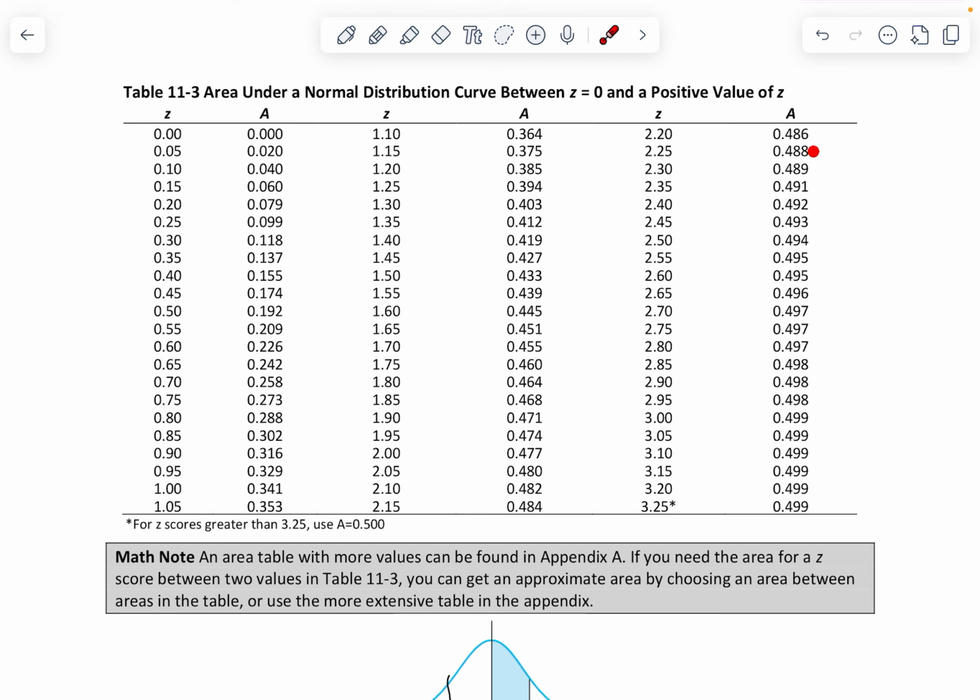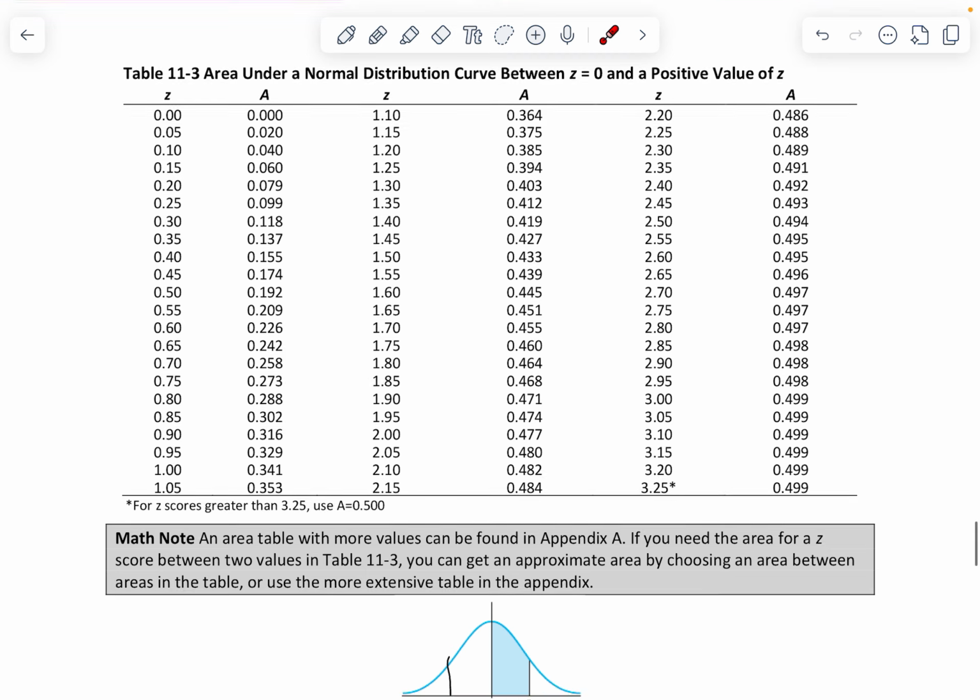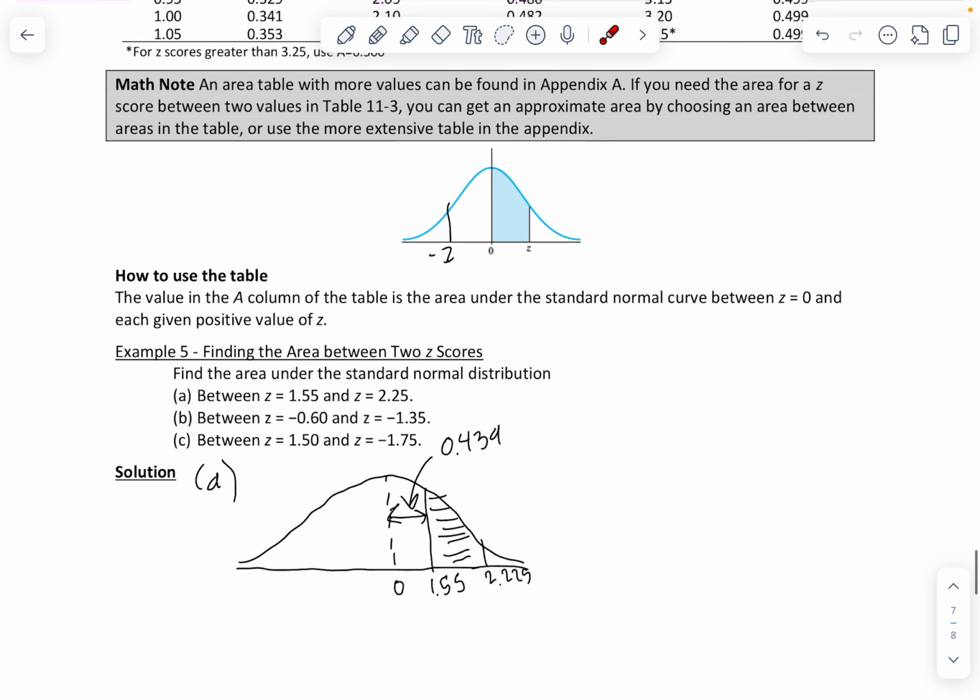The corresponding area is 0.488. Okay, that is going to be this area, 0.488. What we want is the shaded area, right? The area in between 1.55 and 2.25.